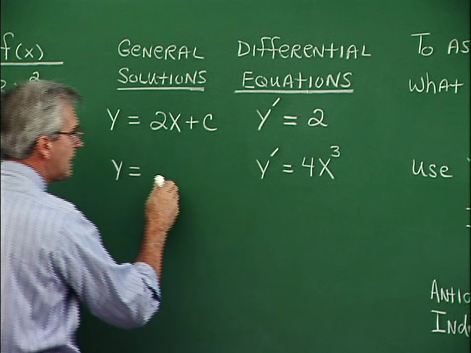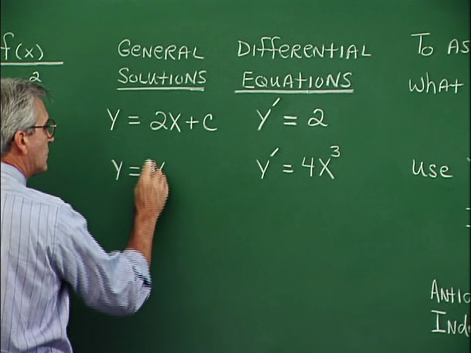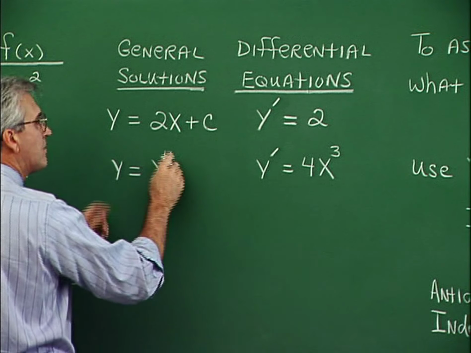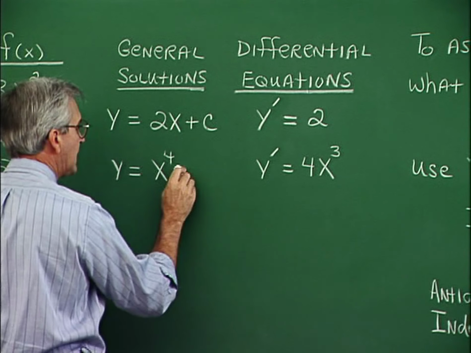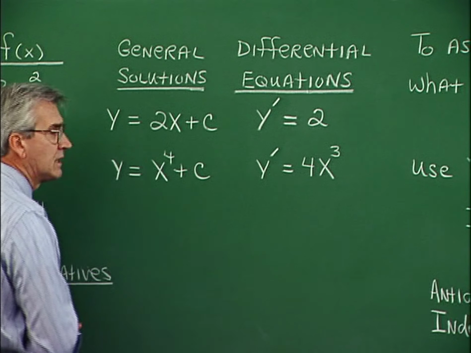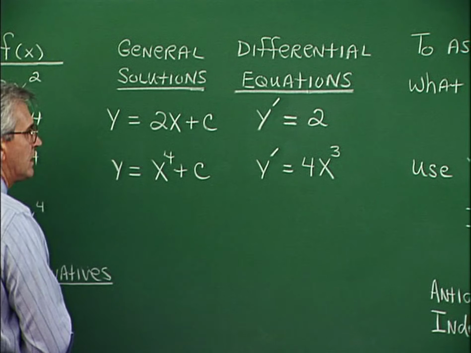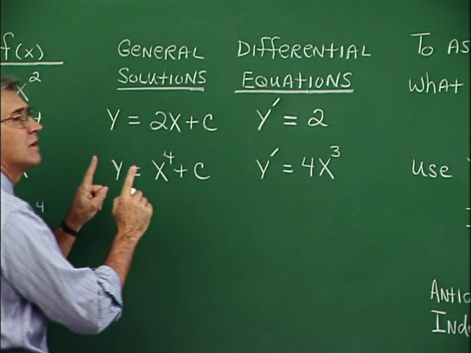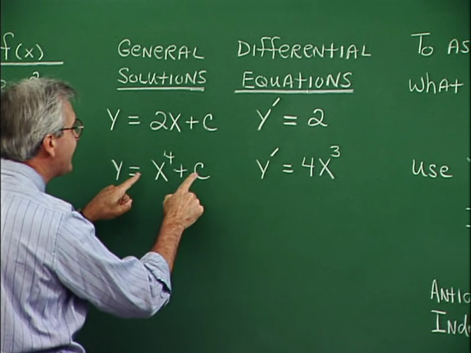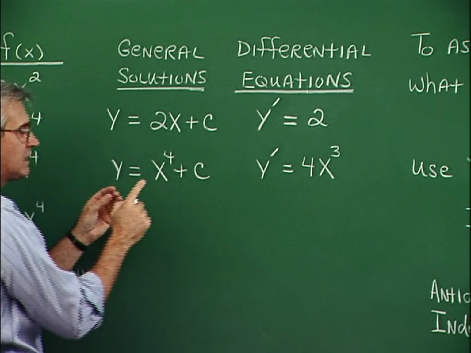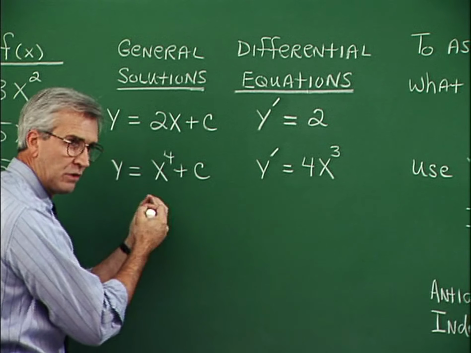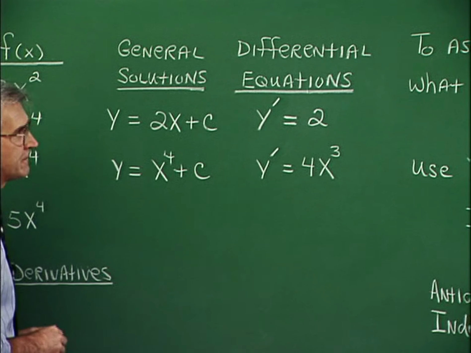That function turns out to be x to the fourth, you see, because the derivative of x to the fourth is 4x cubed. But let's not forget to tack on the plus c. So here is a function whose derivative is that. And it is the family of those functions that we're talking about over here.